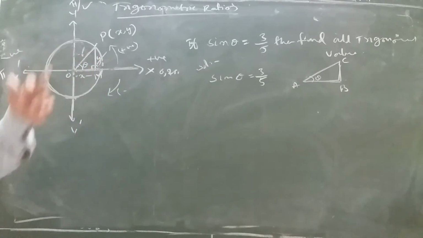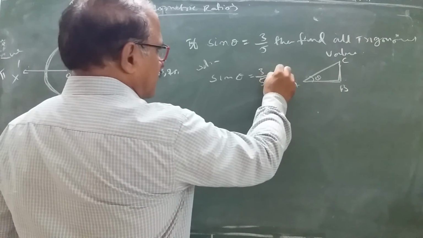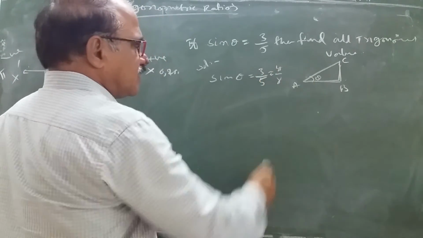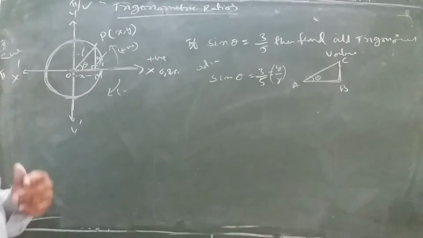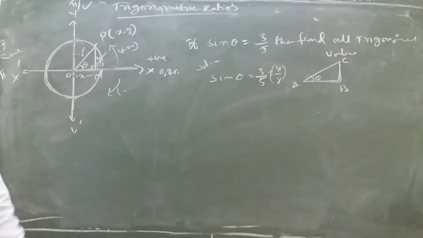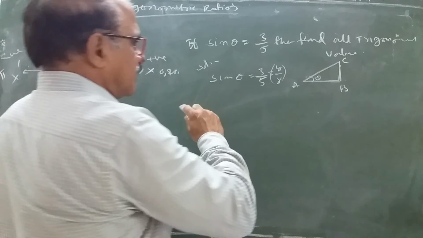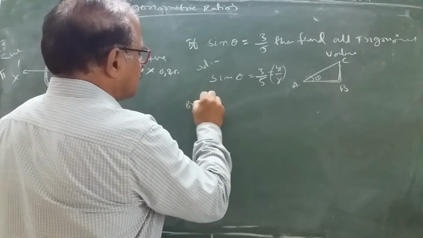That means y by r. If we find the value of x, we can solve all trigonometric ratios by using Pythagoras theorem.